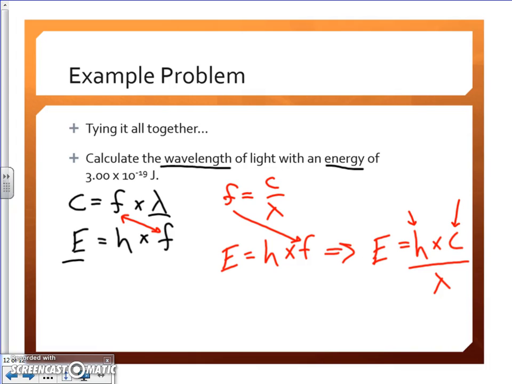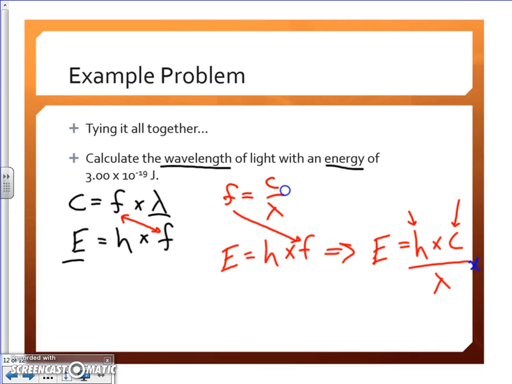I'm not going to show my work here, I'm running out of room, but I will tell you my answer and see if you can get the same thing. Oops, we are solving for wavelength, so when I'm done, I have to flip my answer around. This is what it's solved for, but we want wavelength.